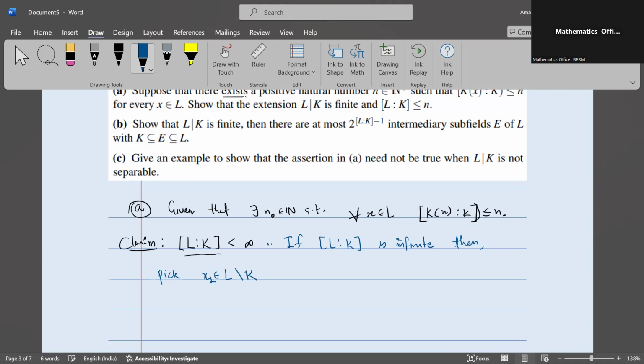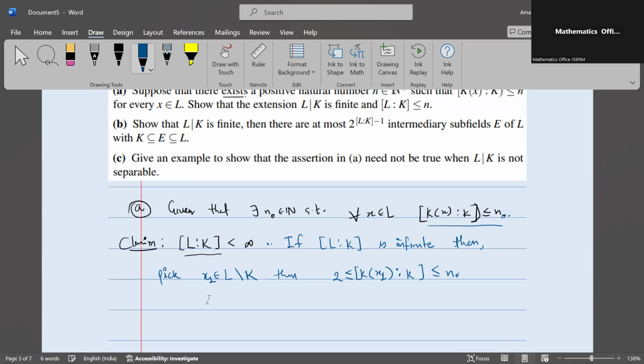We can find such x1 because L is not equal to k, and it is in fact infinite dimensional over k. Then what happens to the degree of k(x1) over k? This degree is less than or equal to n naught by the hypothesis. But because we are choosing x1 from outside k, this would be bigger than or equal to 2.